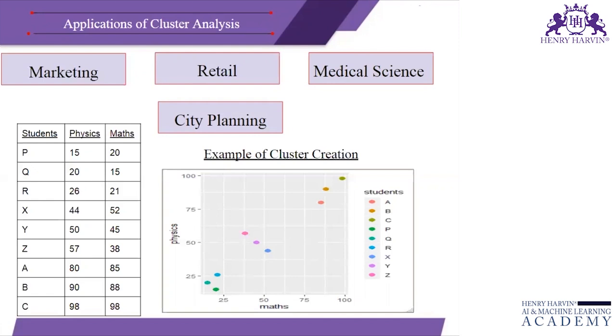It can be taken as an example like grouping houses according to the house types or the geographic nature of that area. So there also cluster analysis can be used. Then there is sociology: dividing people based on their demographics, their lifestyle or socio-economic factors. So there also cluster analysis can be used.